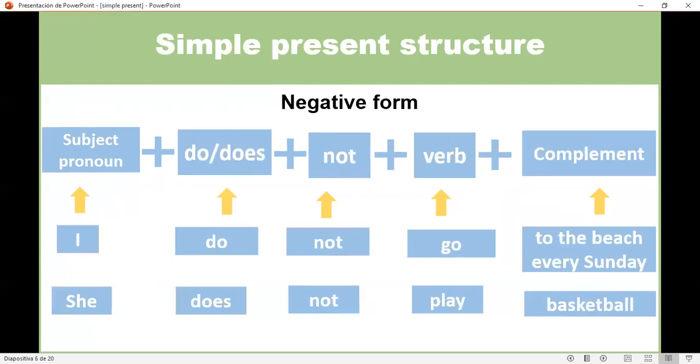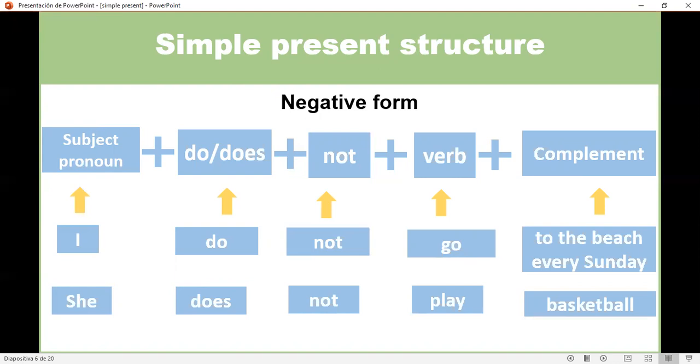Also, we have the negative form. In negative form, we use the auxiliary verb, do or does. Look at here, it says subject pronouns, do and does, that is the auxiliary verb.